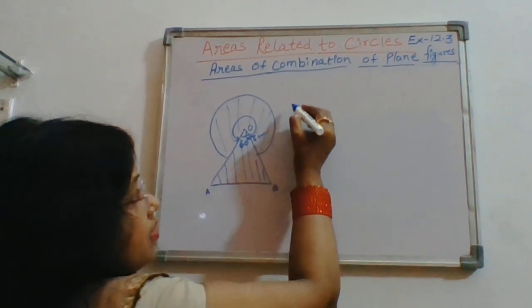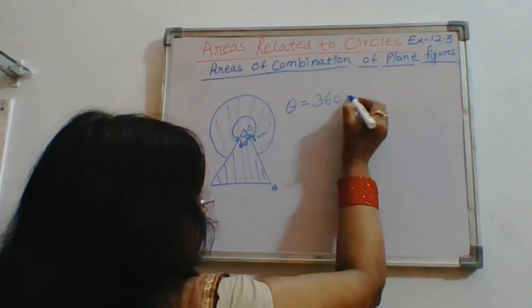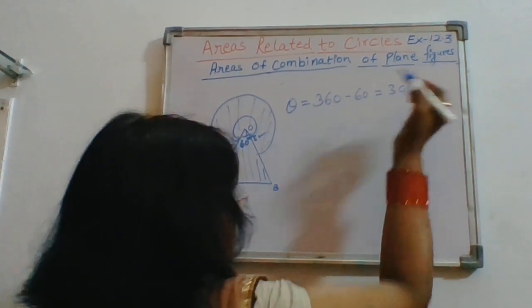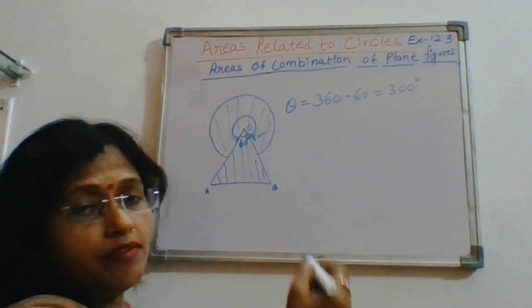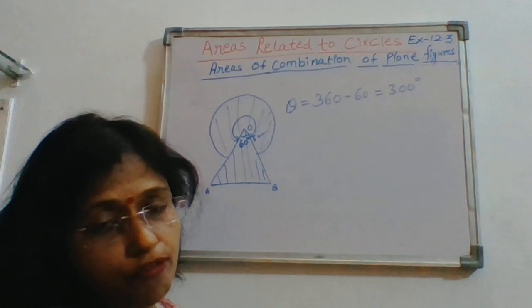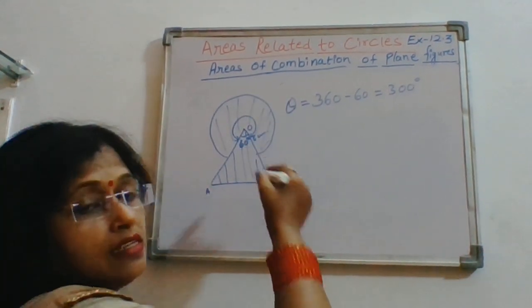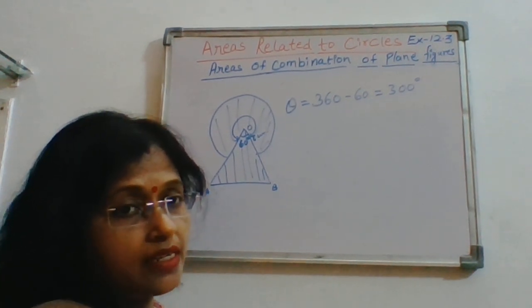So 360 minus 60, that is theta here will be 360 minus 60, that is equal to 300 degree. So area of the equilateral triangle, we know the formula, it is root 3 by 4 side square, and area of the sector is theta upon 360 into pi r square.